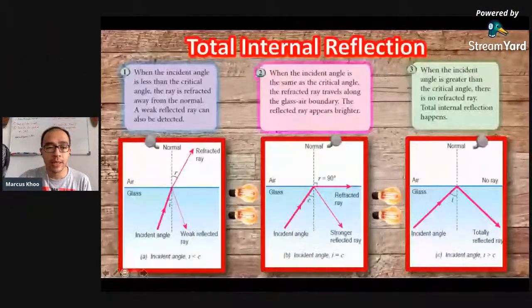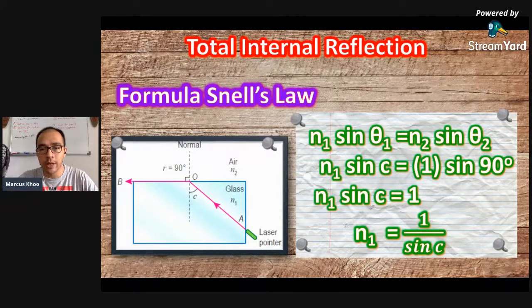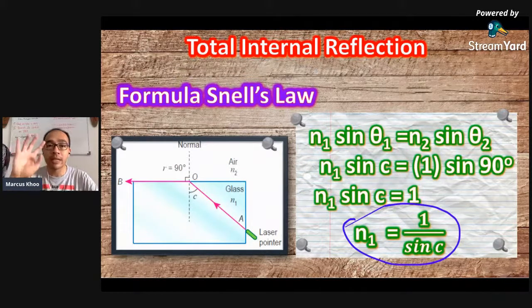Everything else after this slide is just a repetition of what I've said, so we're just going to go through these slides. When we talk about total internal reflection, this is the formula we want to refer to: n equals 1 over sine c. Previously we studied three ways to calculate the refractive index.